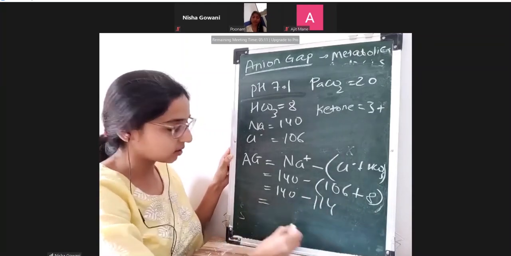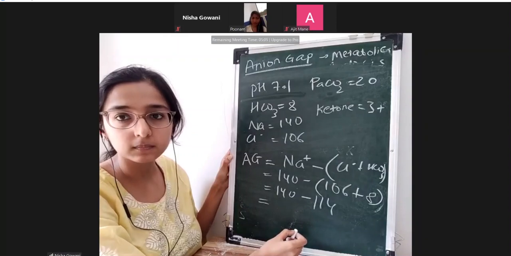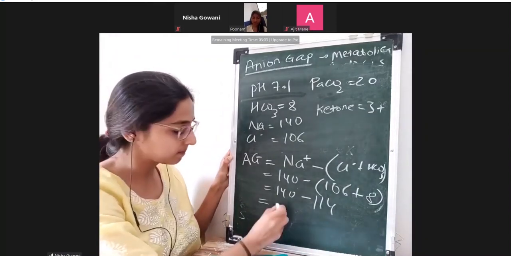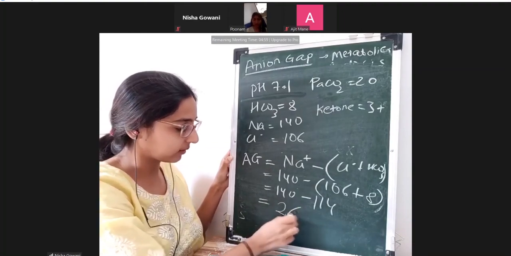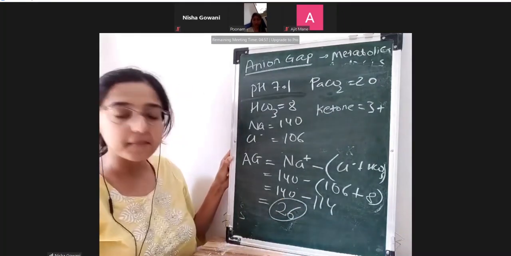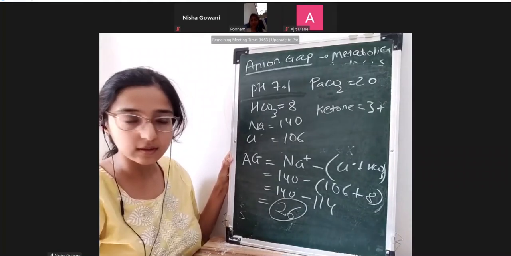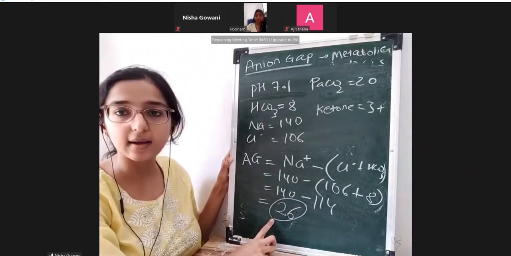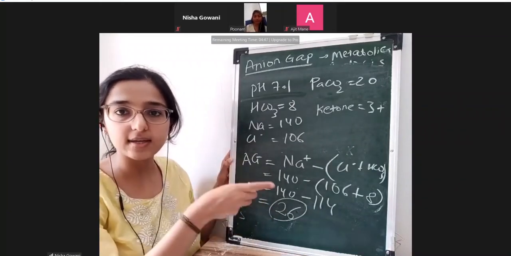So what is the answer of this? 26, correct. This answer is 26. Normal value is 8 to 12. So now this is what? High anion gap. This is high anion gap metabolic acidosis.